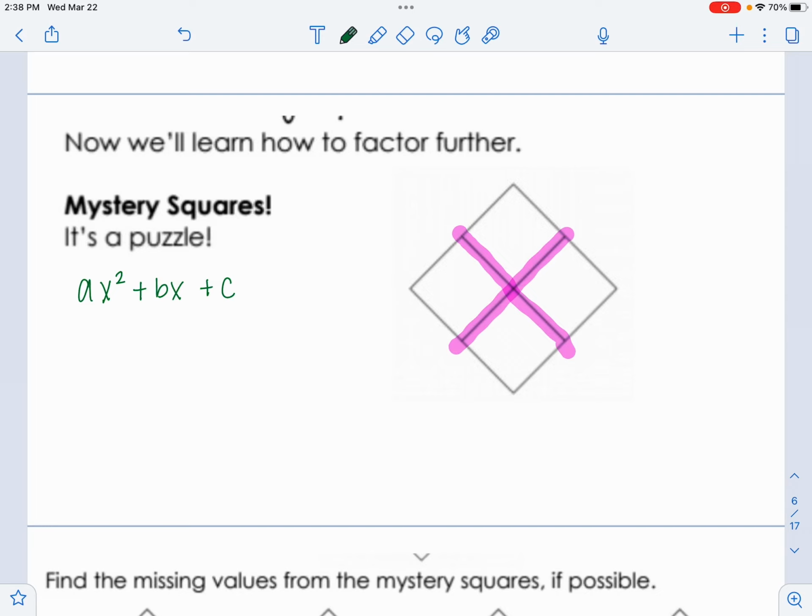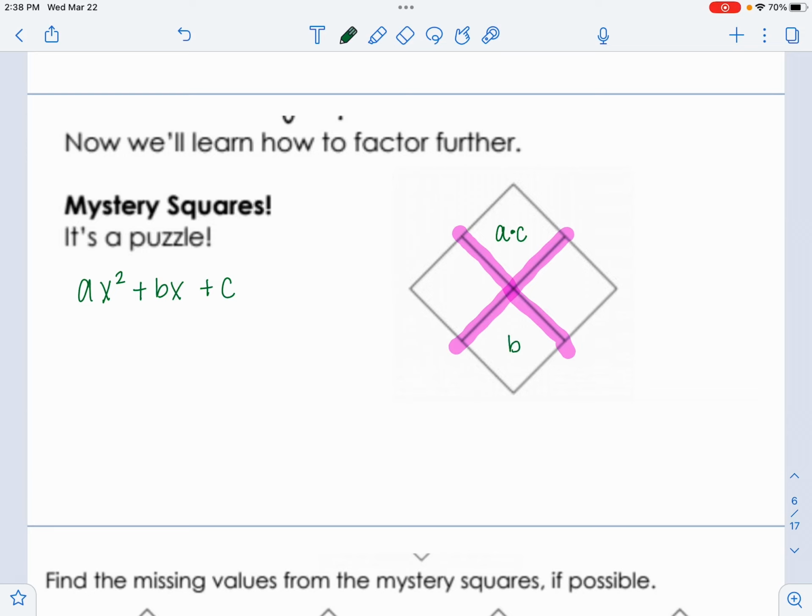We're going to set up our big X so that a times c, so multiplication, goes at the top, and b goes on the bottom.